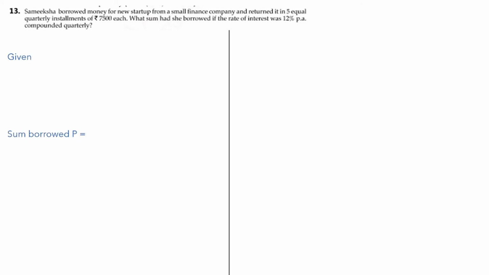So here given R is equal to rupees 7,500, I is equal to 12% upon 4, which is 0.12 by 4. It is 0.03.